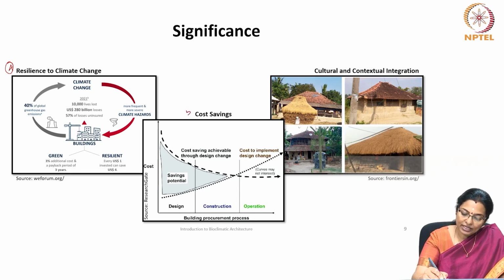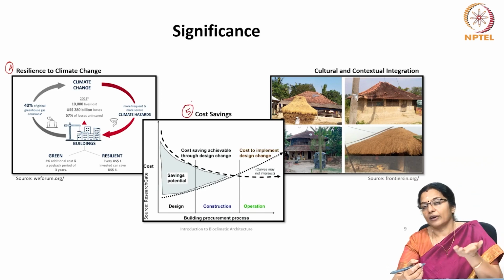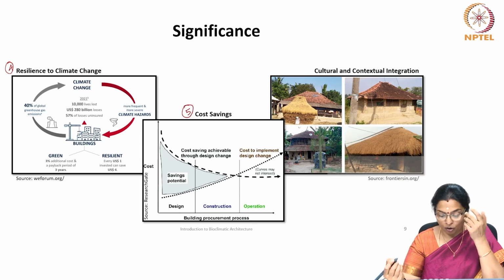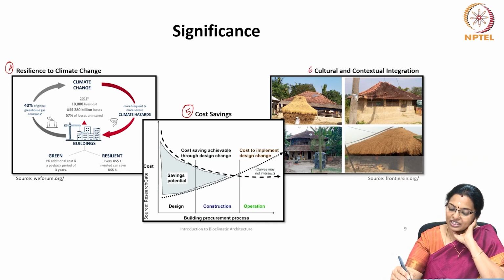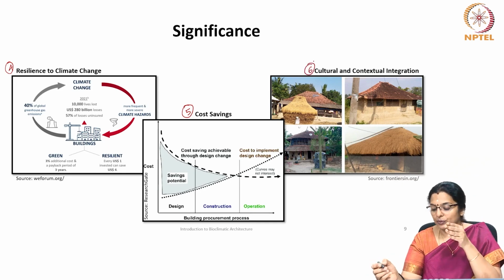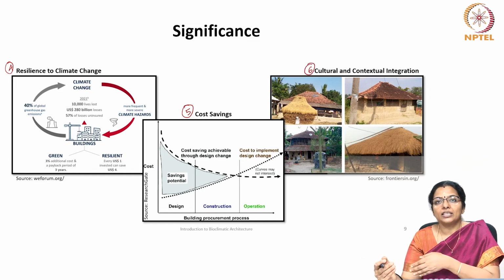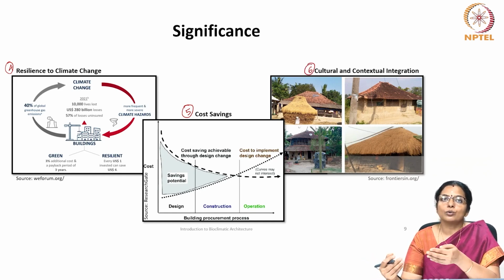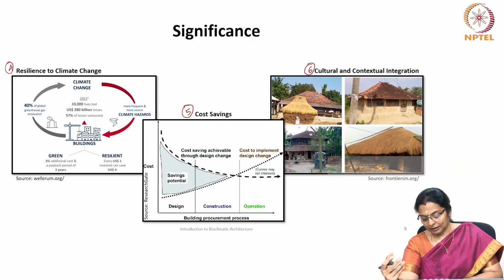The fifth one is cost savings in every way, because if energy is saved, costs are automatically saved apart from all the other hidden costs. And then being culturally and contextually relevant. So the building does not look like an eyesore, and we also do not lose a piece of history or tradition in the process of designing.